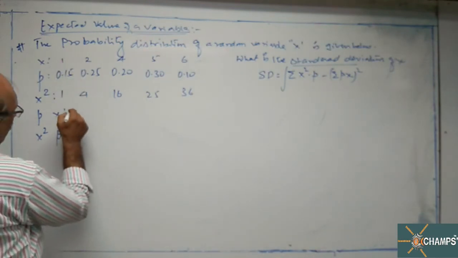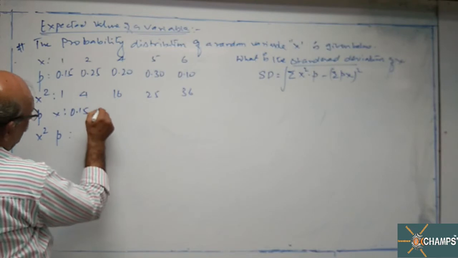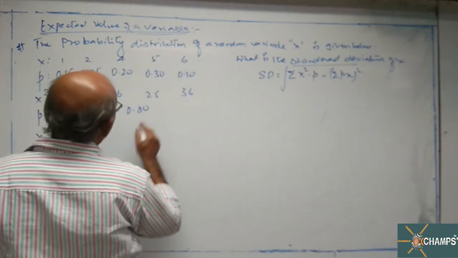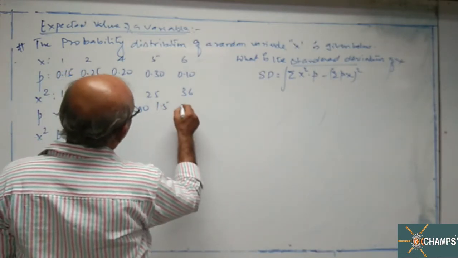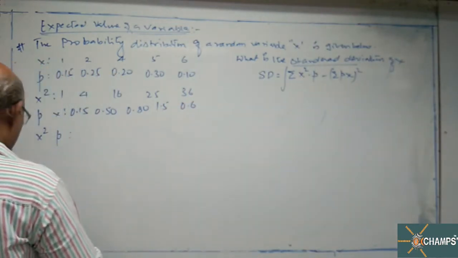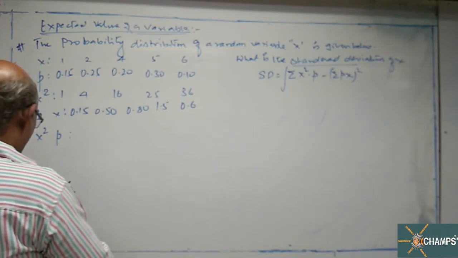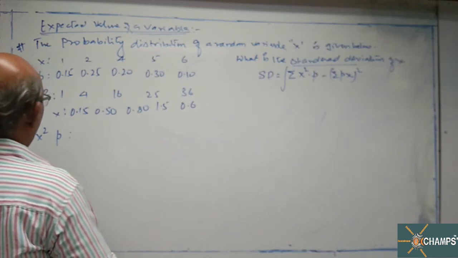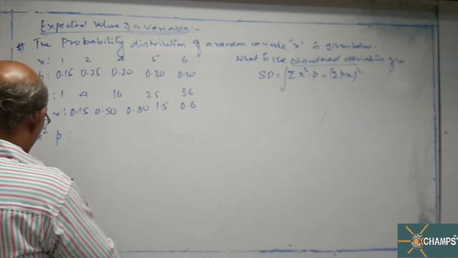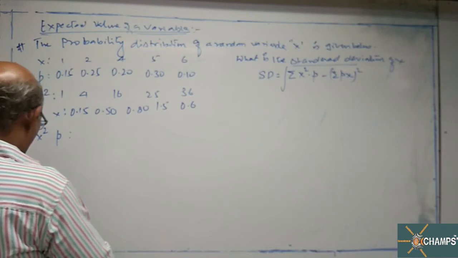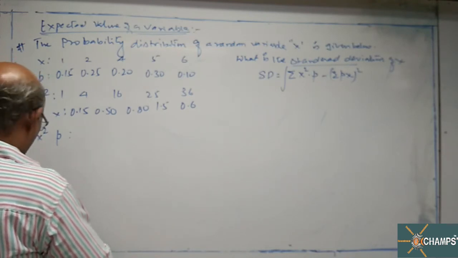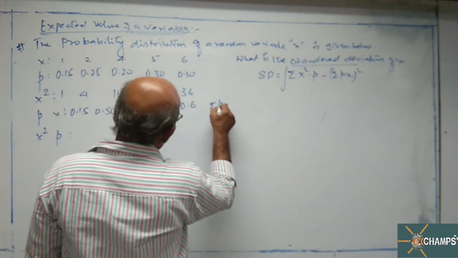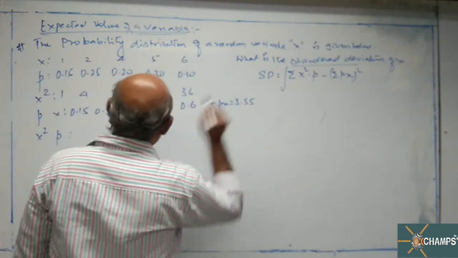P into x: 0.15, 0.50, 0.80, 1.5, 0.6. This is 0.15 plus 0.50 plus 0.80 plus 1.5 plus 0.6, which is 3.55. Summation of Px is 3.55.